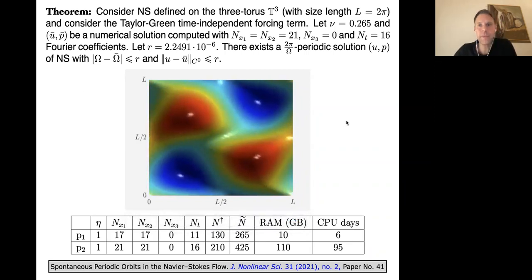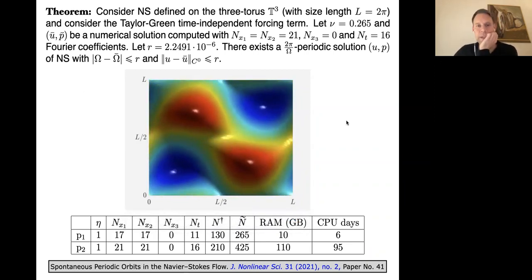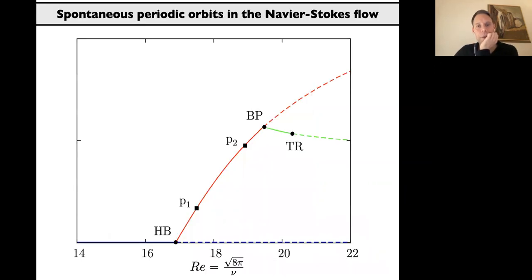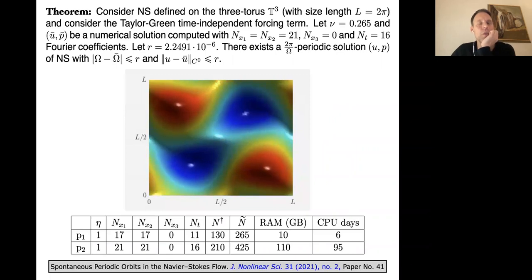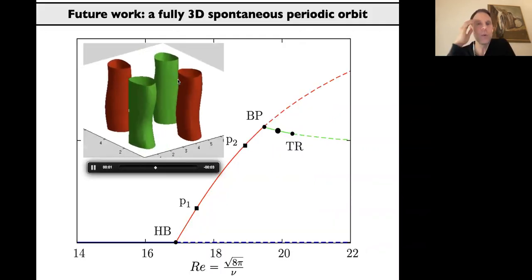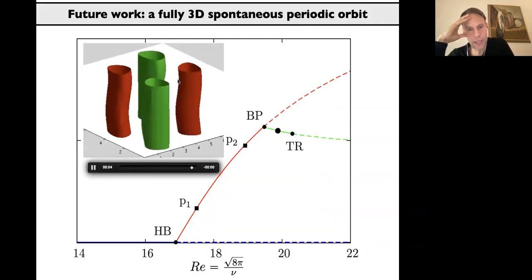And maybe one thing I can say is that in that diagram, there is a period doubling bifurcation, and then a three-dimensional orbit comes out. This branch here is two-dimensional in the sense that the forcing term is two-dimensional, so the periodic motions born here are two-dimensional, but there is a truly 3D one that we are working on right now, trying to get our hands on it.